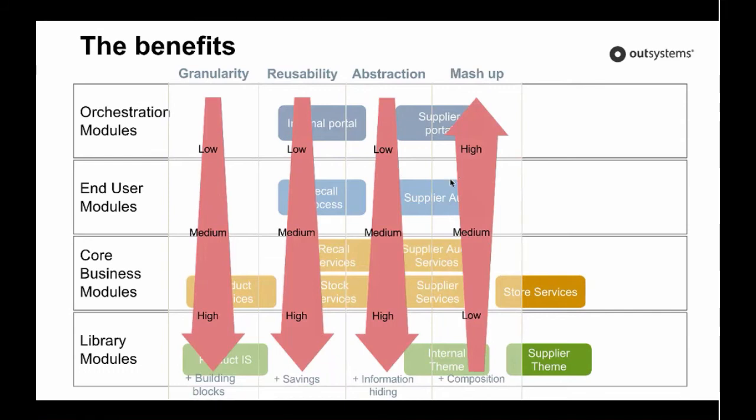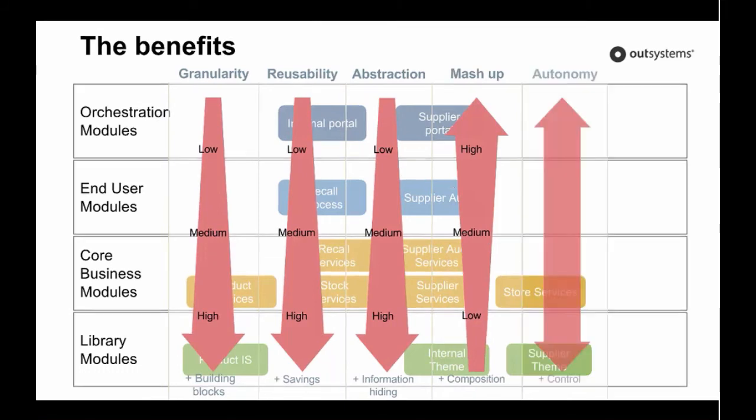And overall, you will have much more control and autonomy everywhere, because now you can even have different developers developing different stuff, different layers, or with different specializations, because any end-user module has to do much more with user interfaces.